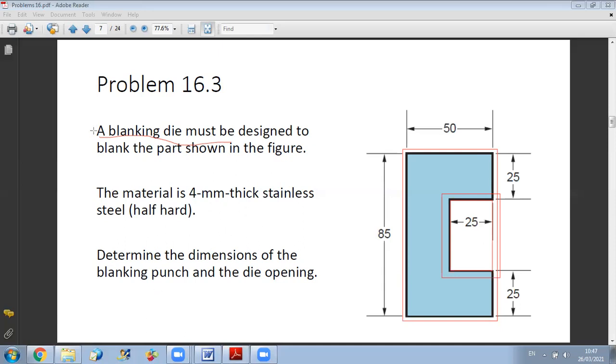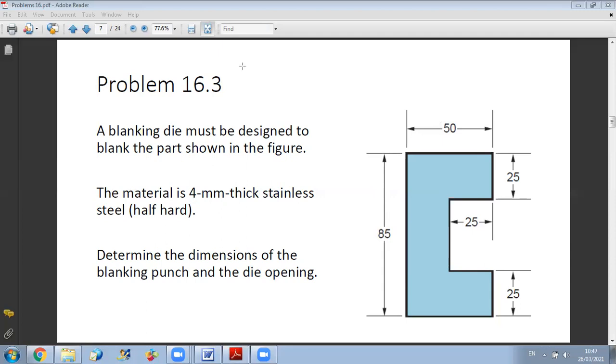But since they said we should use a blanking operation, this means that the part that is cut from the operation will be the final part. In this case, the die should have the same dimension as the final work part, and the punch will be different.